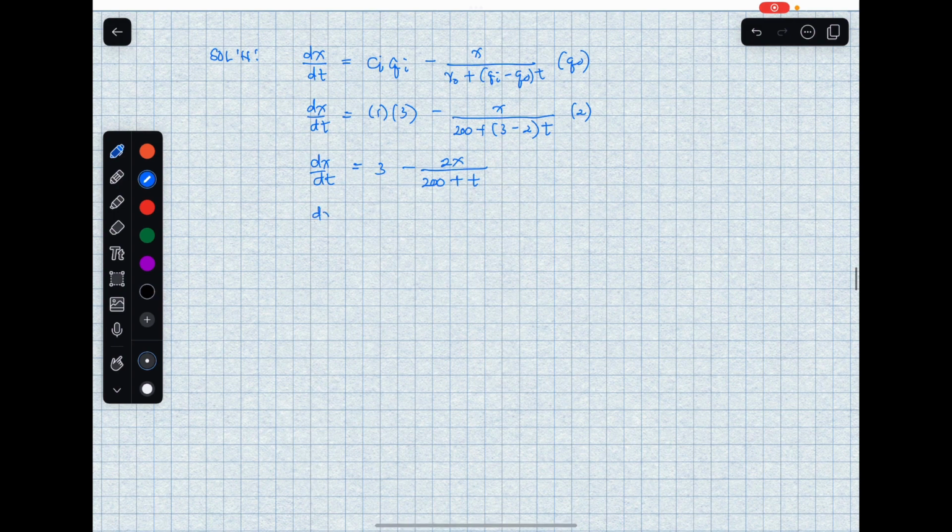Okay, so transform this into a linear equation. dx over dt plus 2 over t plus 200 times x is equal to 3. So our p of t is 2 over t plus 200 and our q of t is 3.